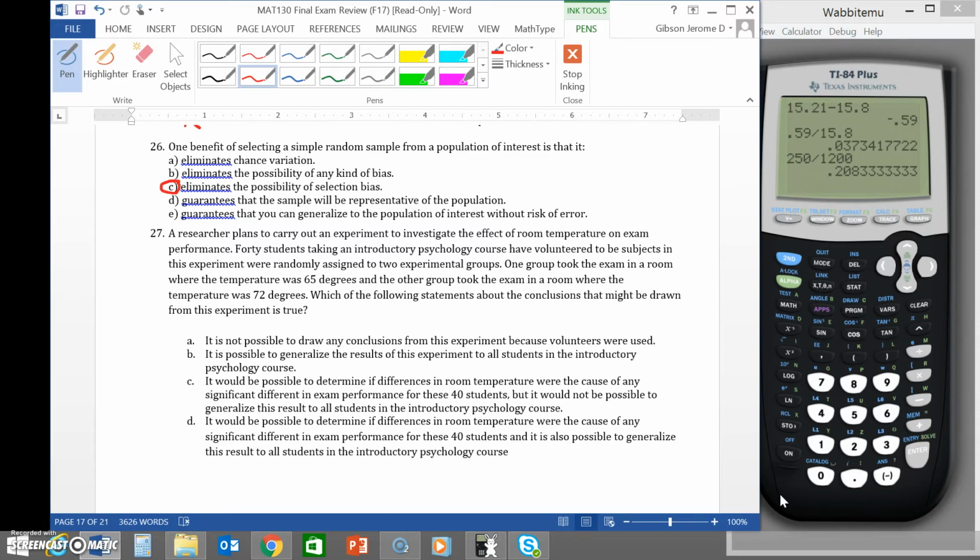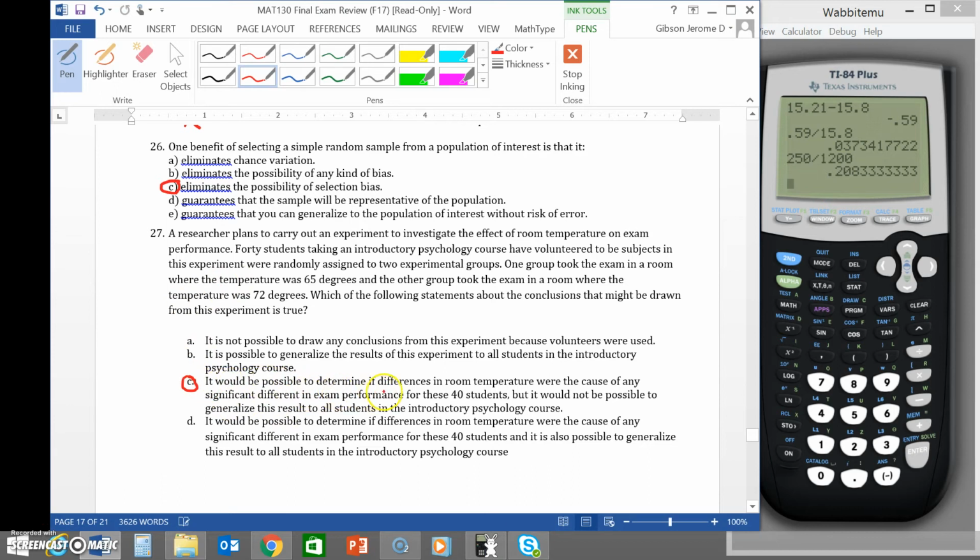One group took the exam in a room where the temperature was 65 degrees, and the other group took the exam in a room where the temperature was 72 degrees. Which of the following statements about the conclusions that might be drawn from this experiment is true? Now, just to cut through this, the answer here would be C.